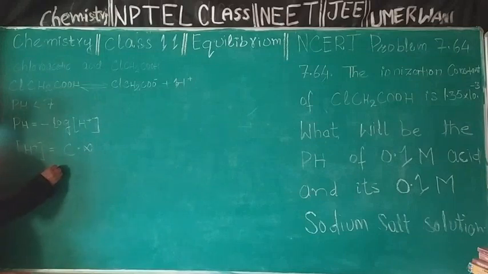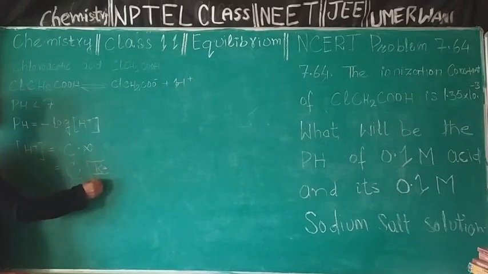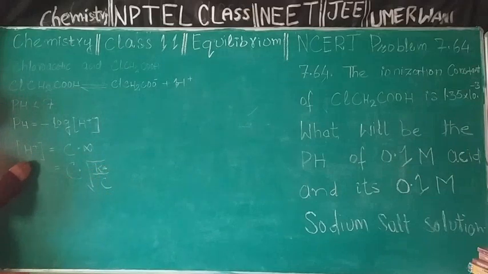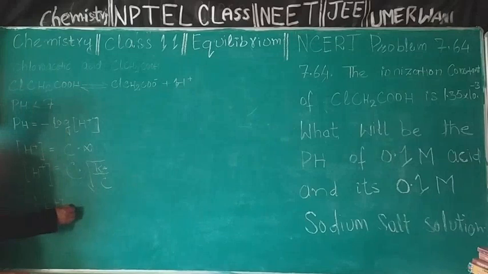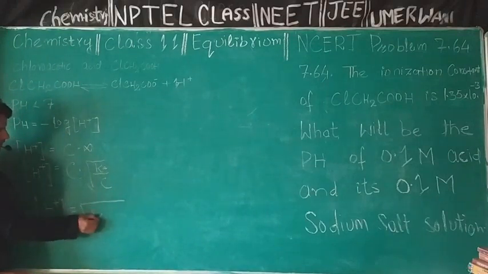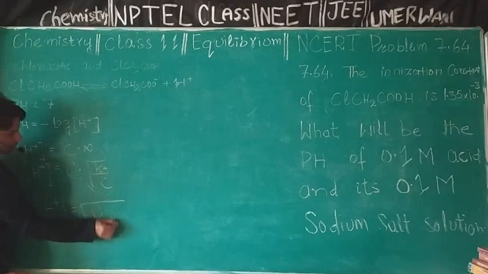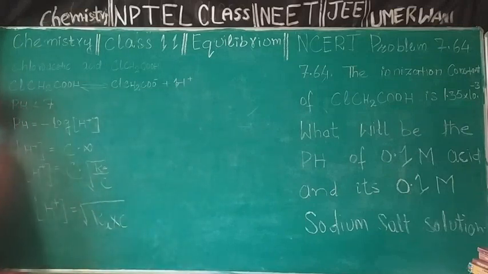And applying Ostwald's dilution law, its degree of dissociation we can express in terms of ratio of acid dissociation constant and concentration. And we can simplify this equation as simplified form of this equation we can write as H positive ion concentration will be equal to under root of Ka multiplied by molar concentration.